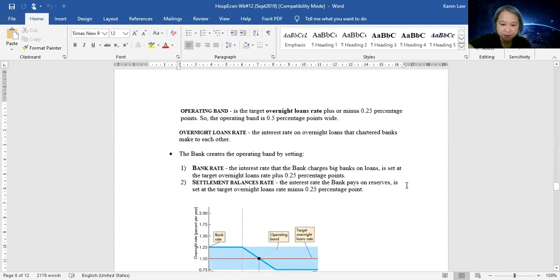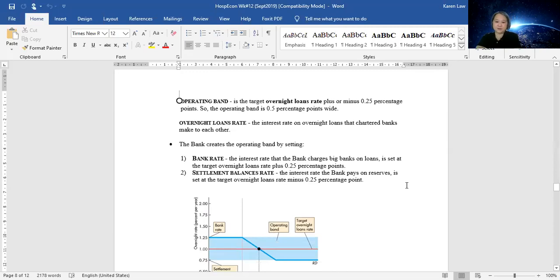The settlement balance rate is the interest rate that the central bank, which is the Bank of Canada, pays on deposits that charter banks store with them. So let's say CIBC decides to deposit $500 million with the Bank of Canada. The Bank of Canada will pay them the settlement balance rate on their deposit.